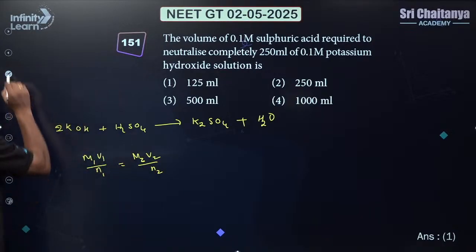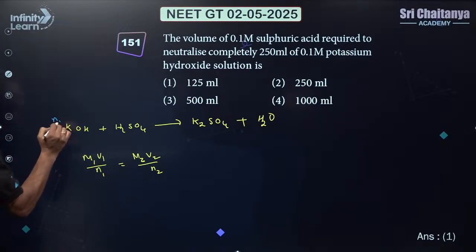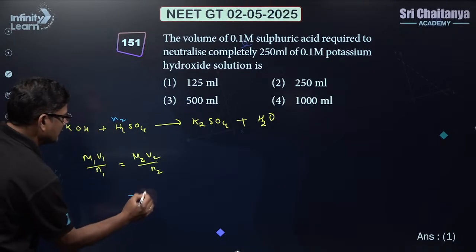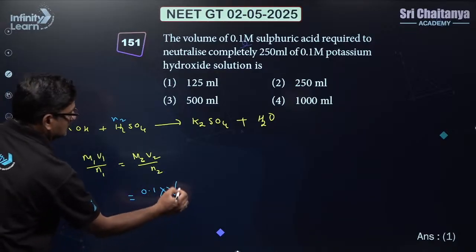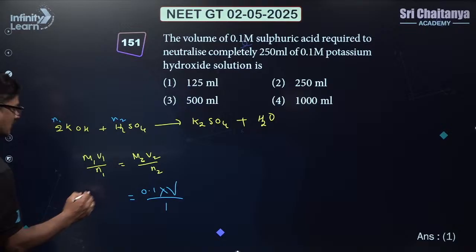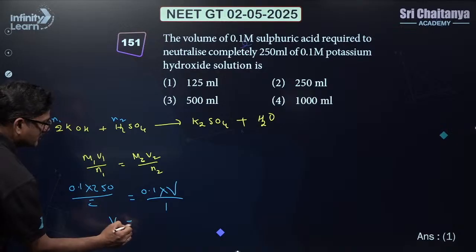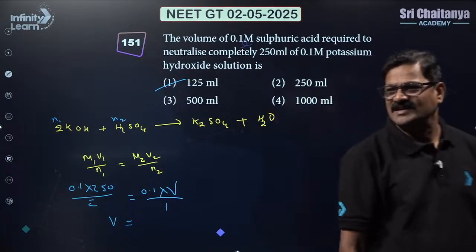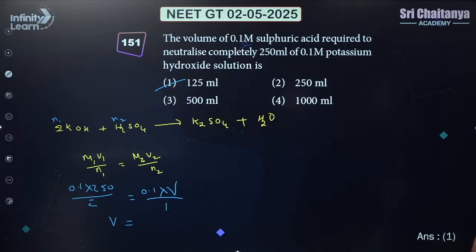Let us say this is N1 and this is N2. So the volume of 0.1 molar is going to be 250 into 0.1 by 2. On solving, the volume is going to be 125 milliliters. Right? Easy peasy. Yes, of course, Manasa.